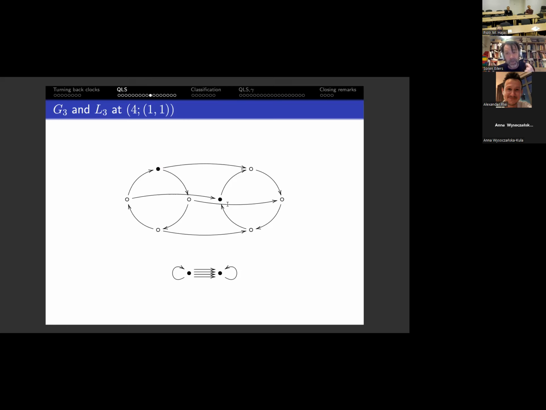There's only one way I can go from this black vertex back to itself. That's just running around on the loop. And just like in my clock problem, I'm not allowed to go around twice, right? Because then I get back to the black one. So I'm just counting paths that start and end in a black vertex and avoid the black vertices along the way. This is why I get this specific graph down here.